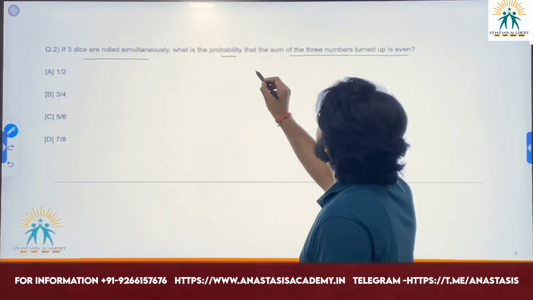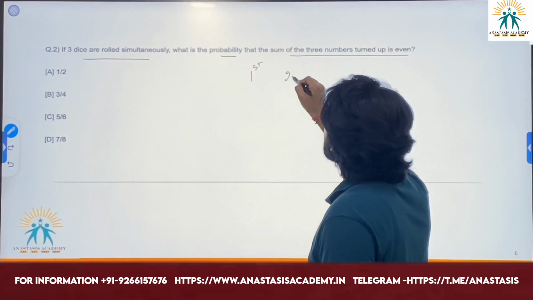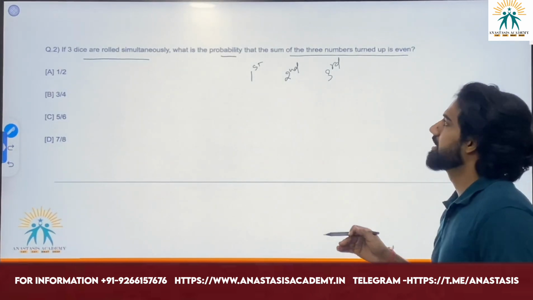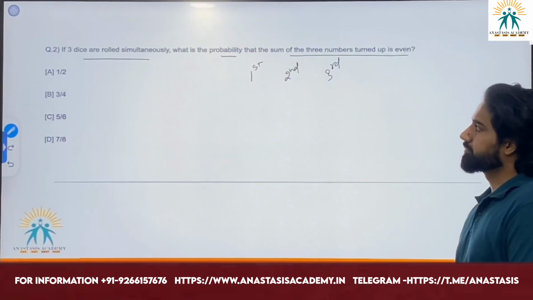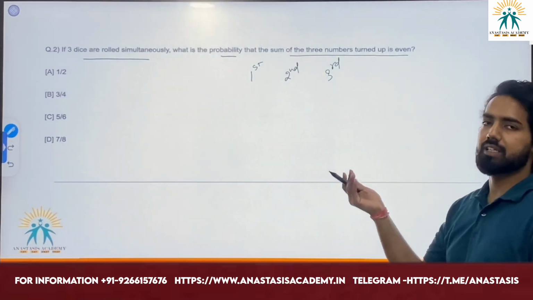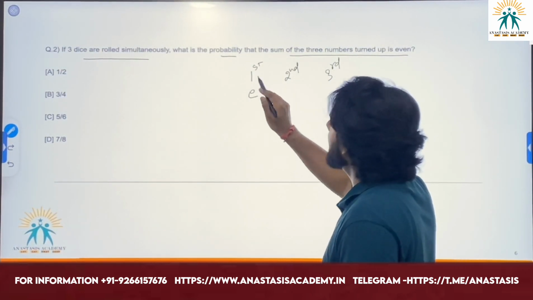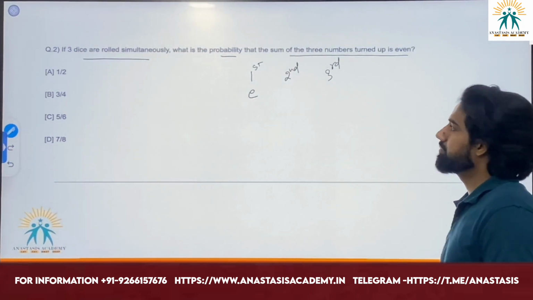So let's just consider this is the first die, this is the second die, and this is the number on the third die. Let's assume I get only one even number in all 3 rolls.